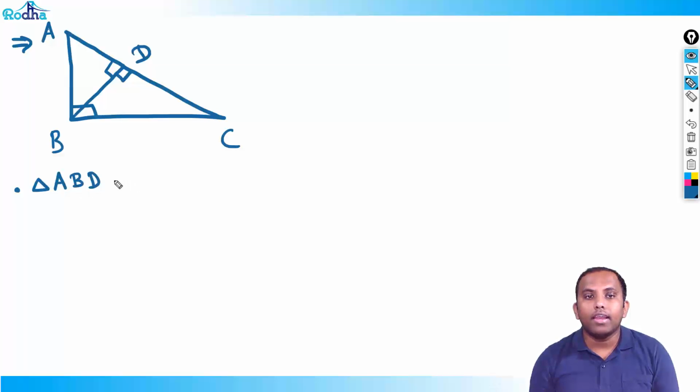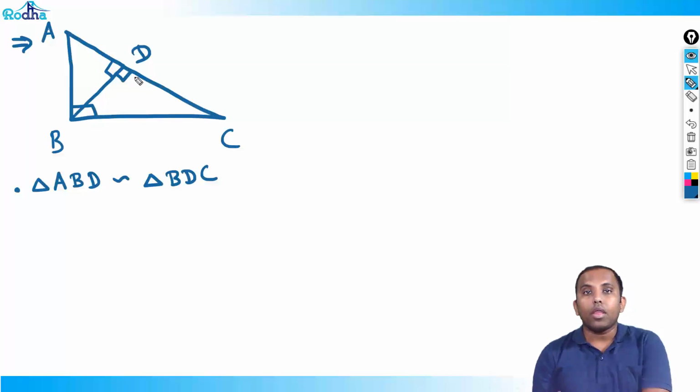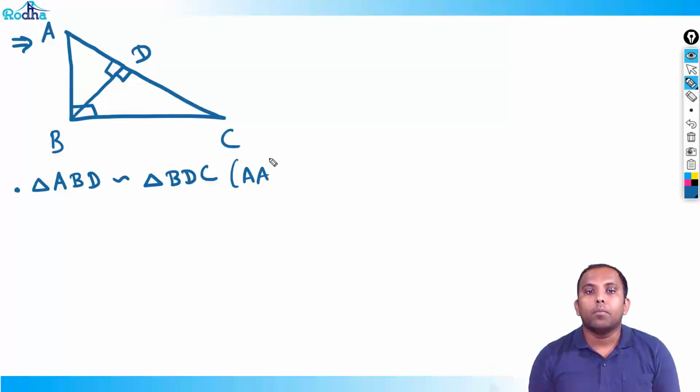Can I say triangle ABD is similar to triangle BDC, the two smaller triangles? I can't say it yet, because I need at least AA to prove it. AA means two angles have to be equal. But in comparing these two triangles, only one angle seems to be equal: this is 90 in this triangle, this is 90 in this triangle, and nothing else yet. So I need one more angle, which you can easily do.